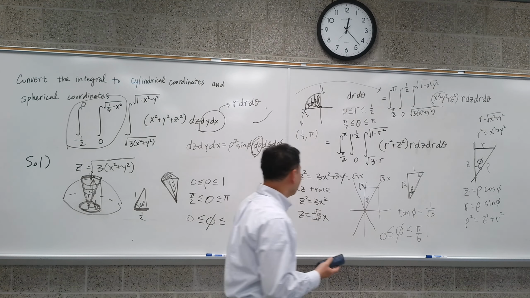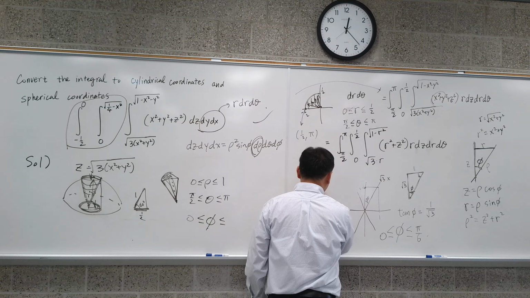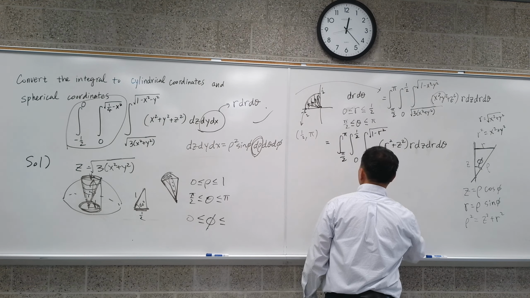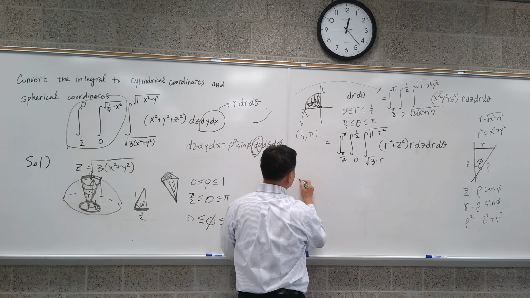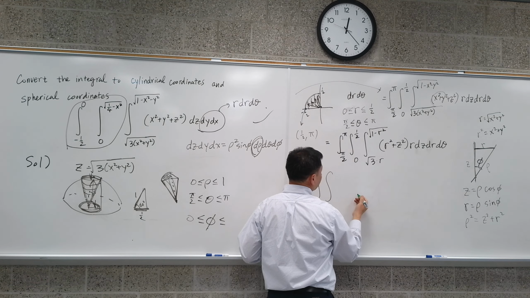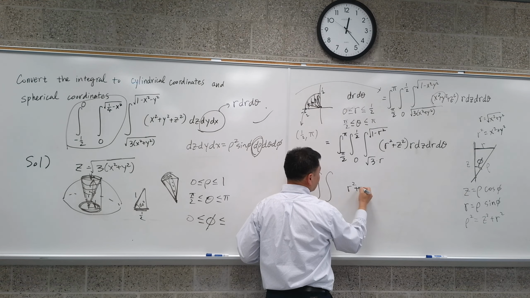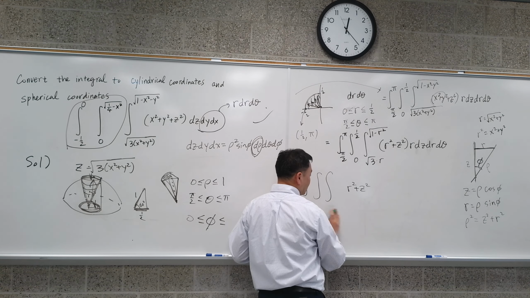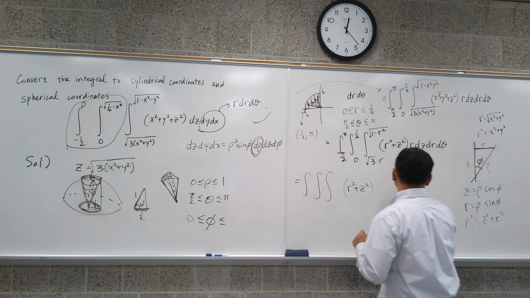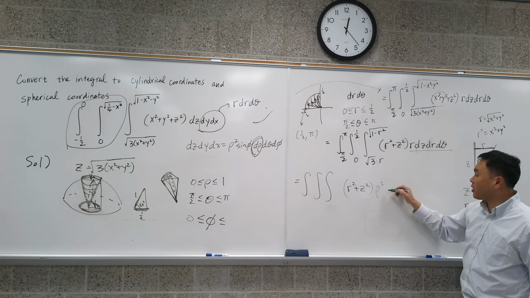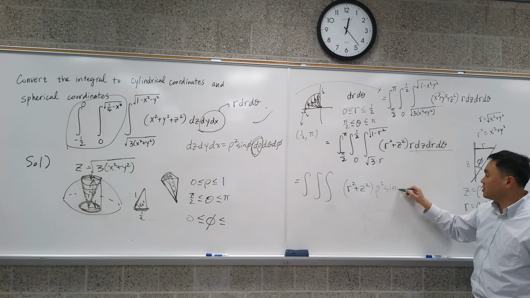All right. So with all this, here's what we figured out. We see that r squared plus z squared, let's leave it as this for now. But r dz dr d theta will now be changed to rho squared sine phi.